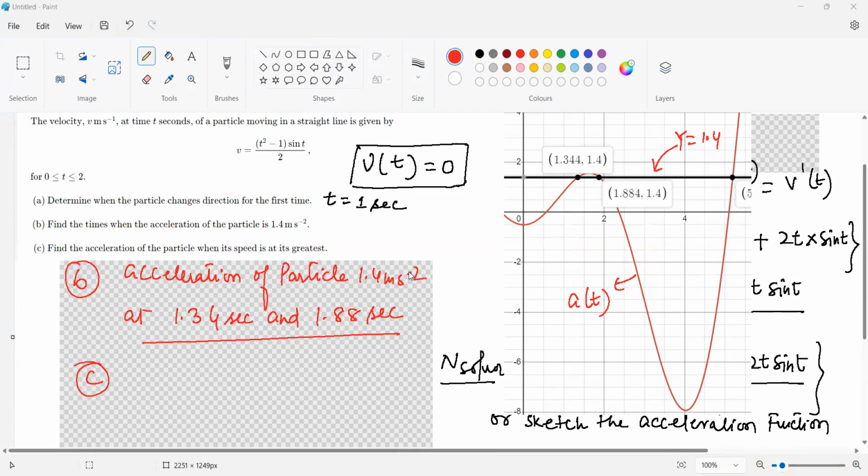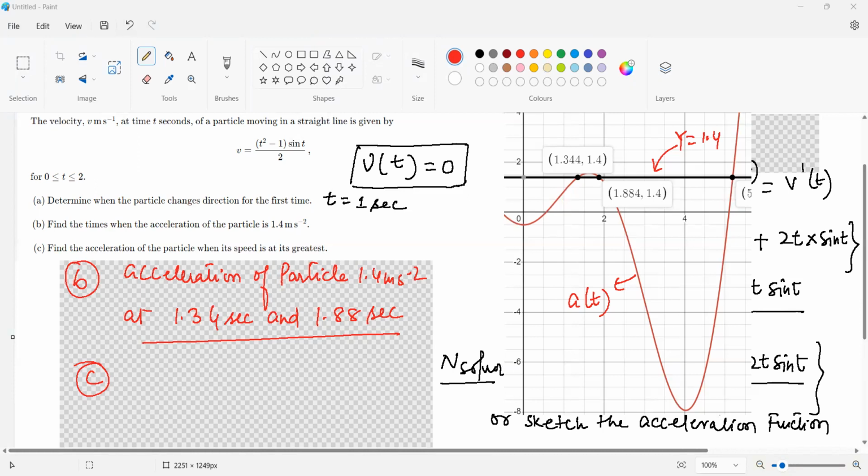So from the graph of part A, which I erased, the graph of question A, from there you can recognize the particle speed is greatest at t equals 2. So you need to substitute that time t equals 2 in the acceleration function and get the acceleration of the particle when its speed is the greatest.